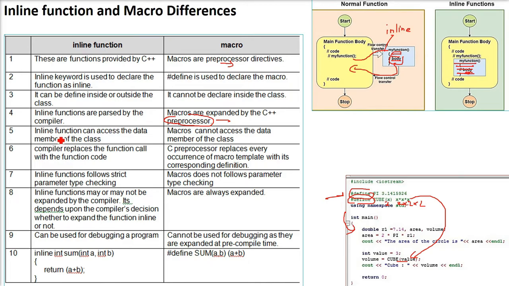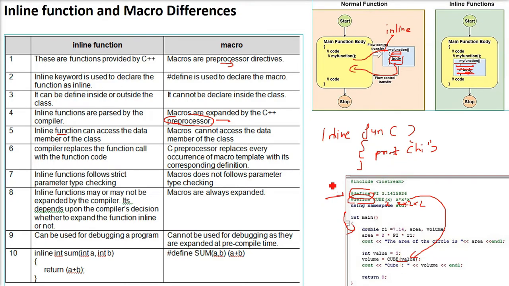An inline function is just a normal function. It can access the data members of the class. For example, you have a function, say print. Any code you can take, I'm giving an example of C. You say hi. This will work as a normal function. You make it inline. So whenever you call this function, this print hi will be embedded here.